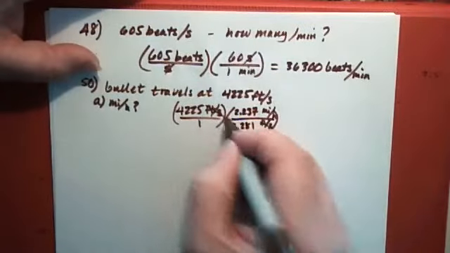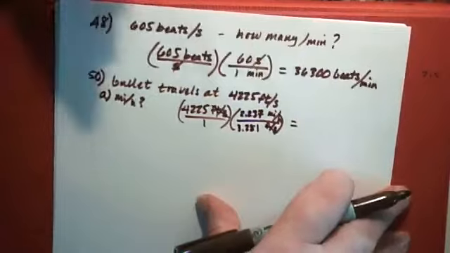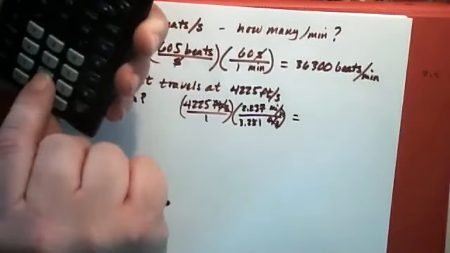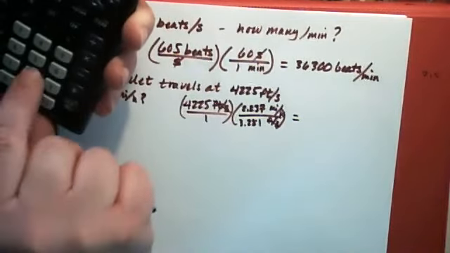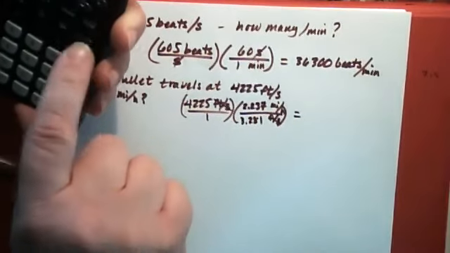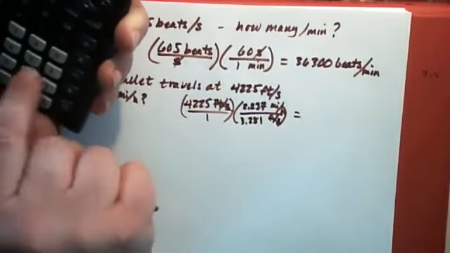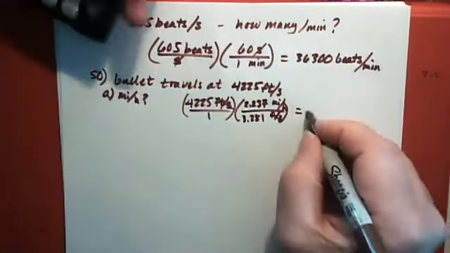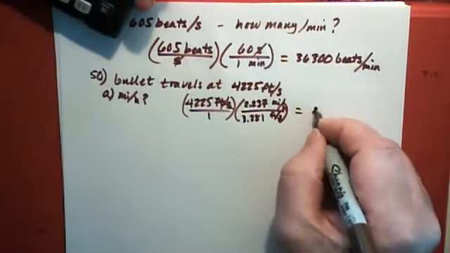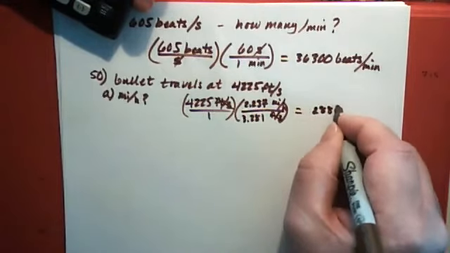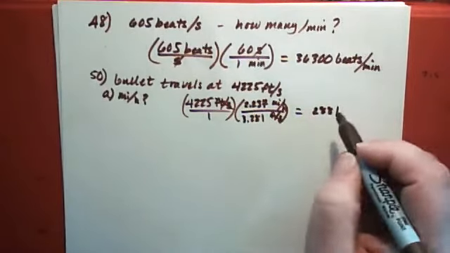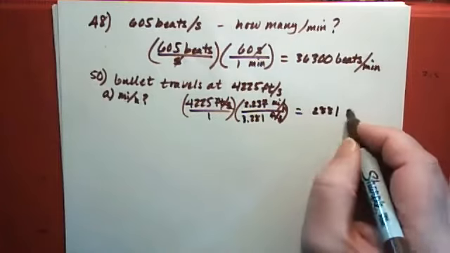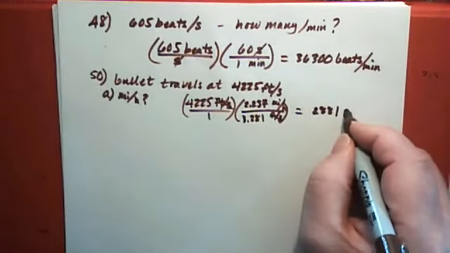Okay, so now feet per second will cancel out and we should get miles per hour. 4,225 times 2.237 divided by 3.281 gives us 2,881 miles per hour.